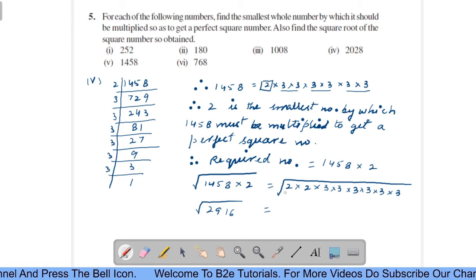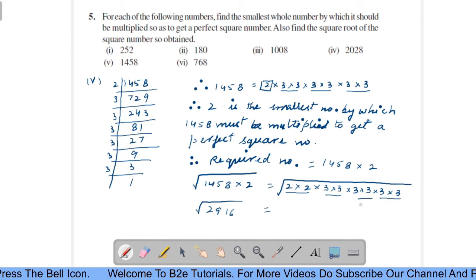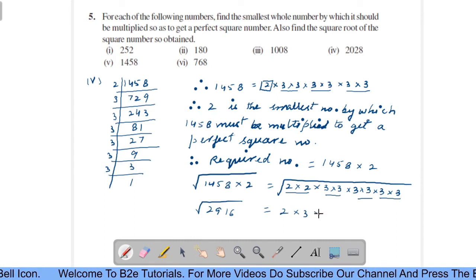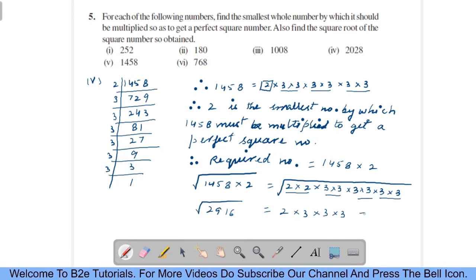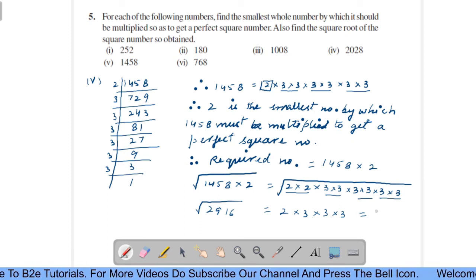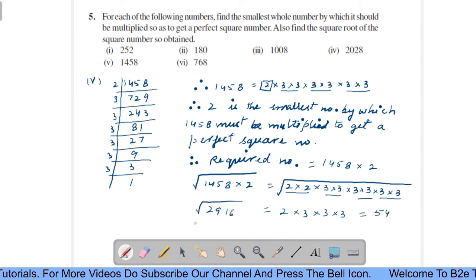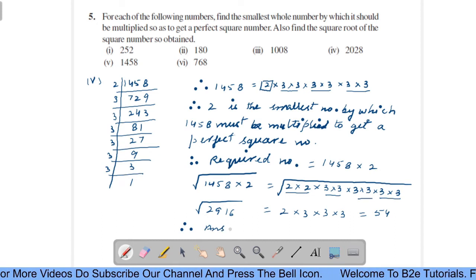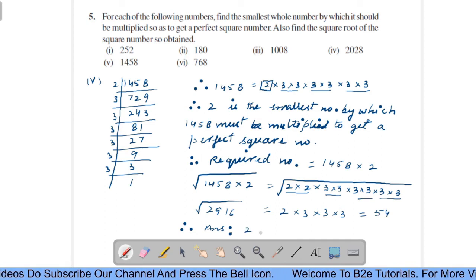Find out square root of this, make pairs of 2 and take one number from each pair. It will be 2 into 3 into 3 into 3. Multiply this, 2 3 is 6, 3 is 18, 18 3 is 54. Therefore, your answer is 2 and 54.